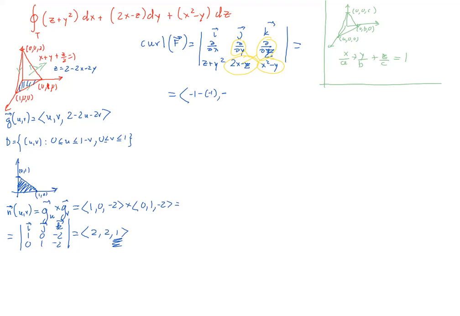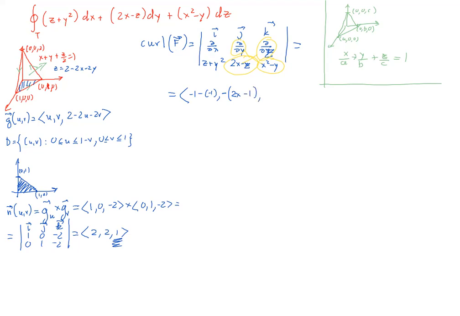And for the middle coordinate, get ready to put everything in a parenthesis with a negative sign because it's a middle coordinate. Delete first row, delete second column, and you will have 2x minus 1.